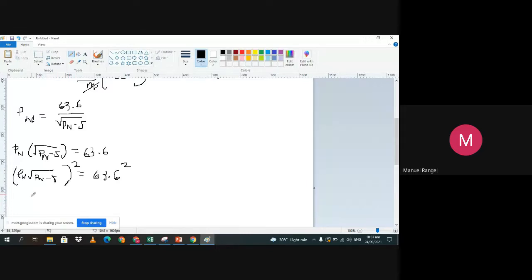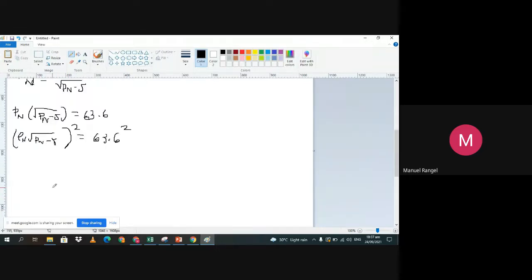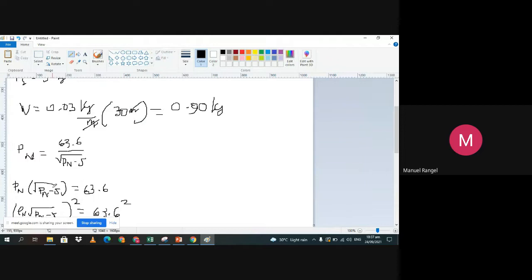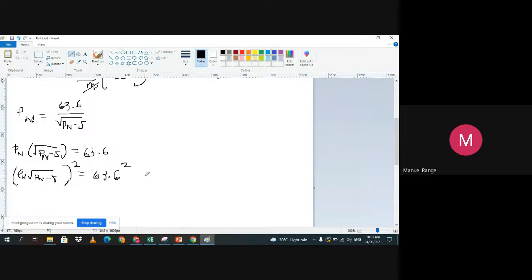Between those two numbers, naa diha ang correct value sa normal tension. Okay. So kindly try sa inyo diha.